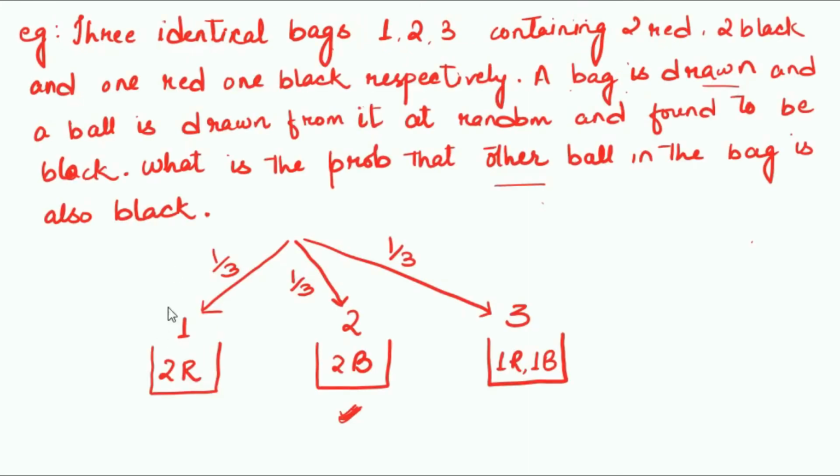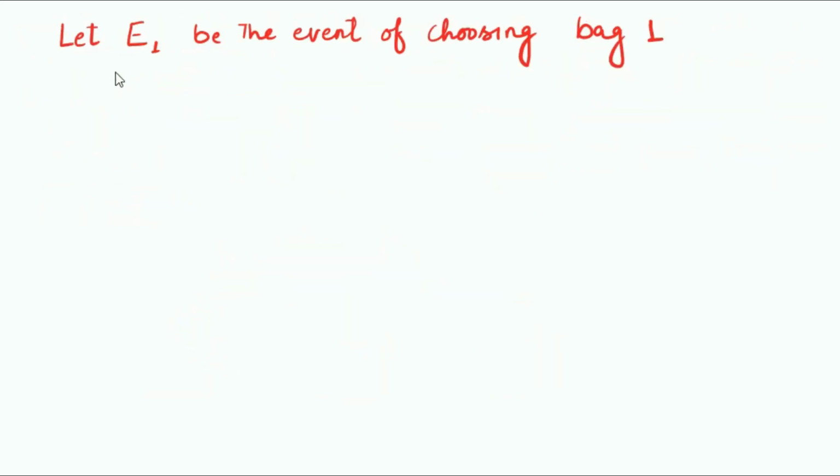You put your hand inside the bucket and choose this bag. E2 be the event of choosing bag 2. E3 be the event of choosing bag 3. That is what we have to define first.